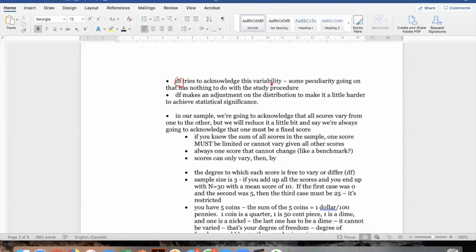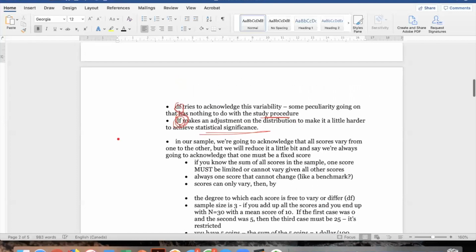There might be something going on in the study that has nothing to do with the study procedure, but that's still affecting those numbers. It's making allowance for error, for a little bit of sample error. So it makes an adjustment on the distribution to make it a little bit harder to achieve statistical significance.